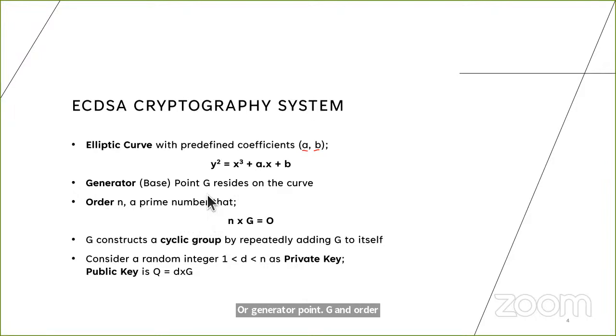These two parameters are chosen such that n is a scalar: if n multiplied by G, the result would be infinity, and n is a prime number. So we cannot choose any arbitrary point on the curve as the base point.